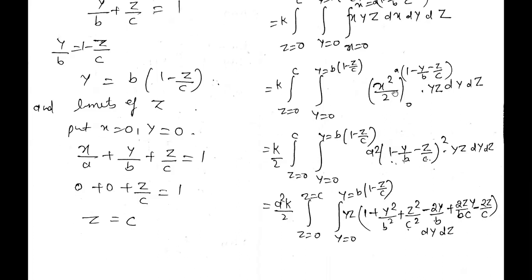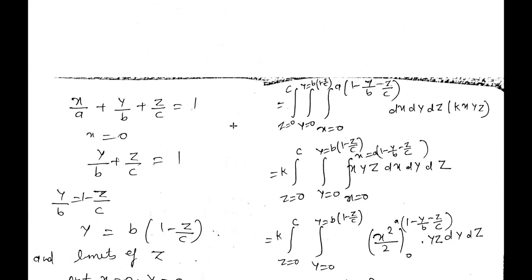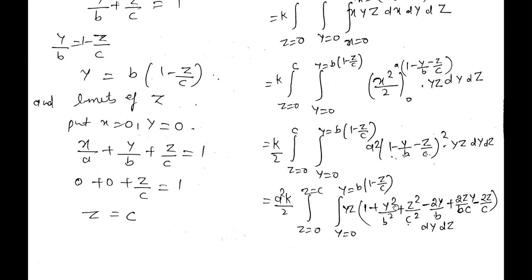Upper limit is x square, so just apply the upper limit. And here I am opening the square: a square plus b square plus c square minus 2ab minus 2bc minus 2ca, right? Then multiply yz inside the bracket. After multiplication of yz inside the bracket, you will get this line.